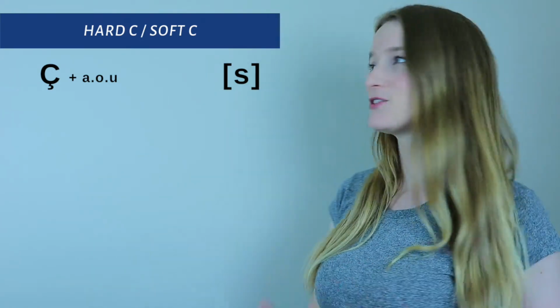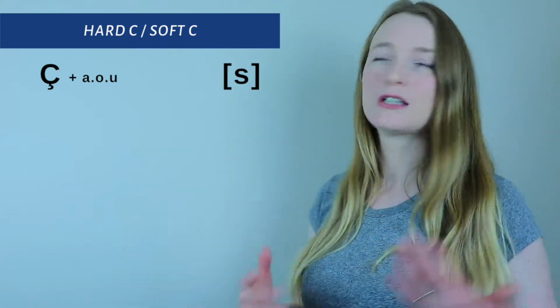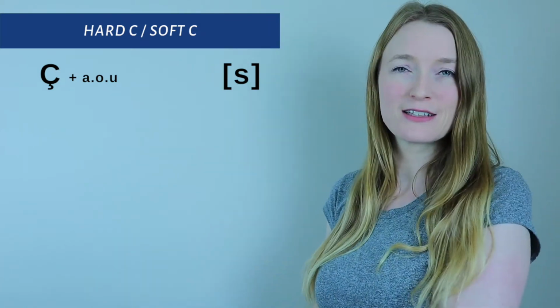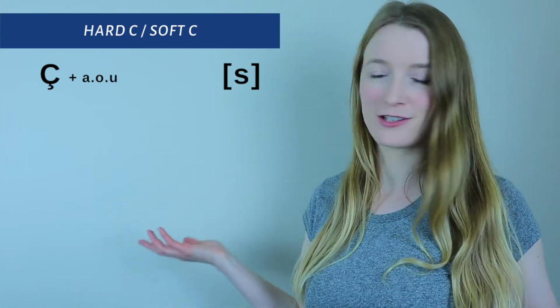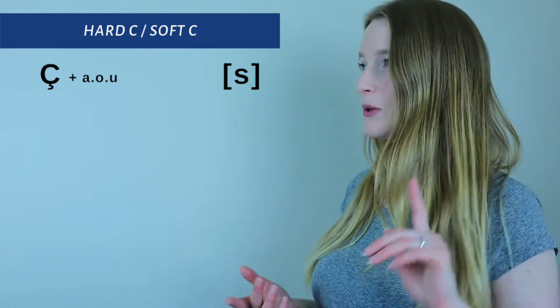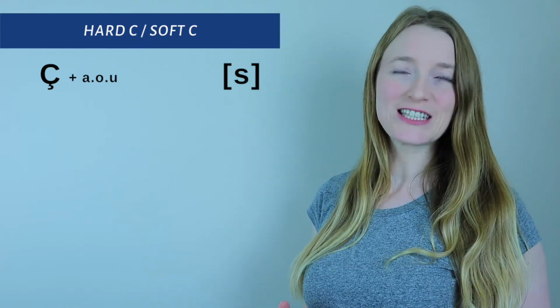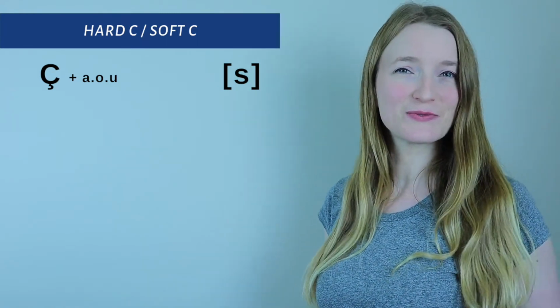The next one, we already saw it, it's the C cédille. When a C is followed by a, o, u, but we need it to be an S, instead of writing it with an S, we turn the C into a C cédille. So let's see three.